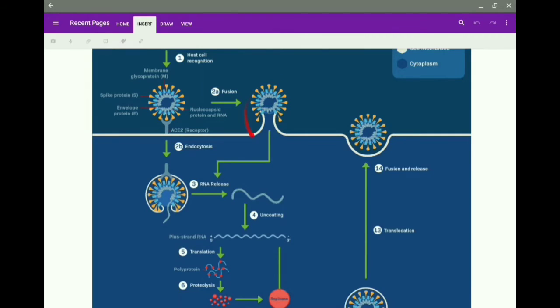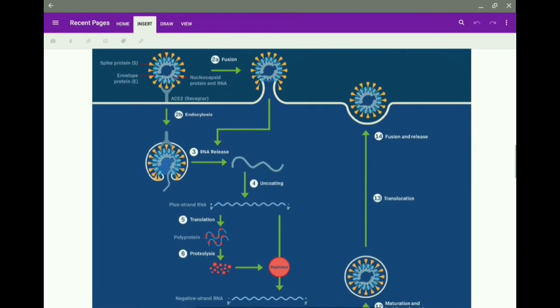It can just fuse with the host membrane and get inside just like that. Or it can form a bud around it, something called a vesicle, like it's inside a bubble, and it comes inside the cytoplasm of the host cell. This process is known as endocytosis.